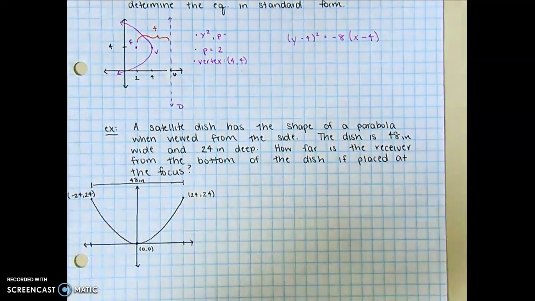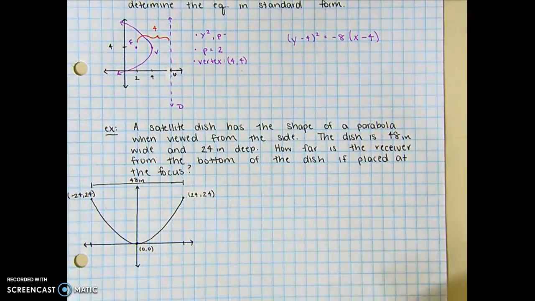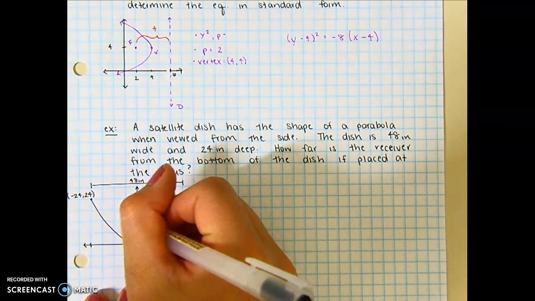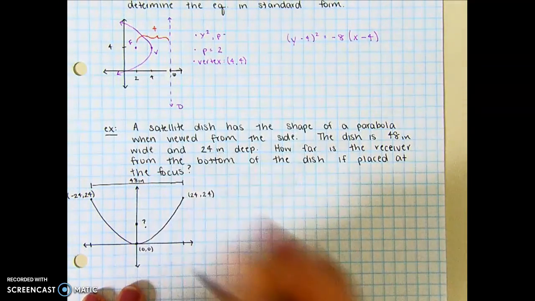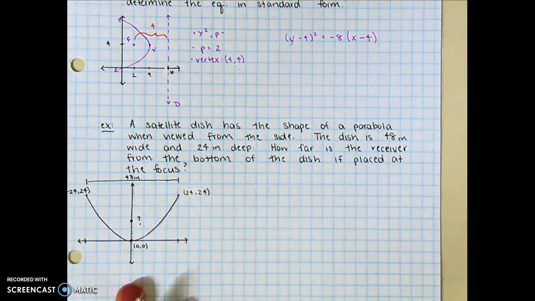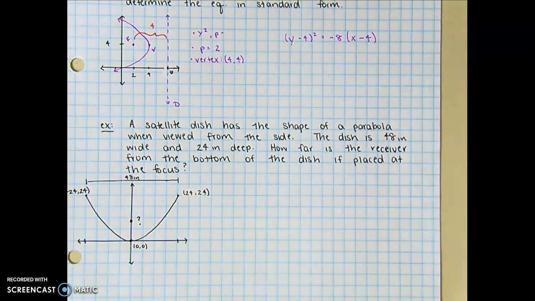Okay, so say this is the picture we're given. We want to know how far away the receiver is. We know that's going to be at the focus. Okay, so we are given this picture, we're given this problem. How do I solve for this?